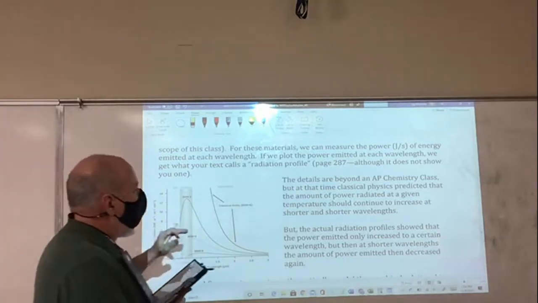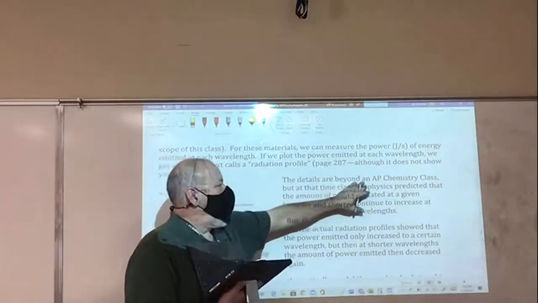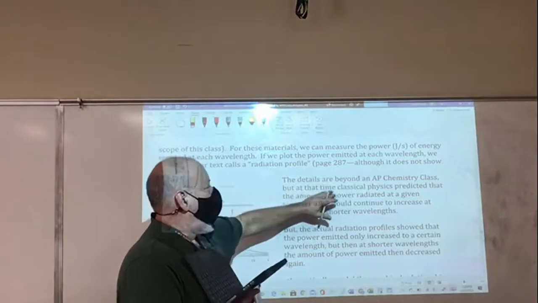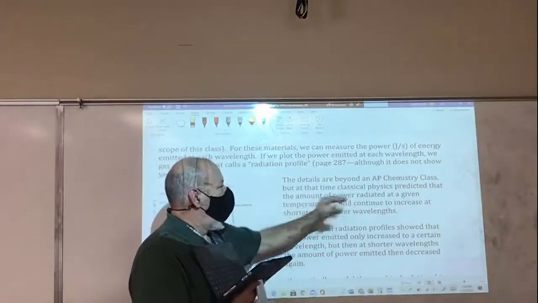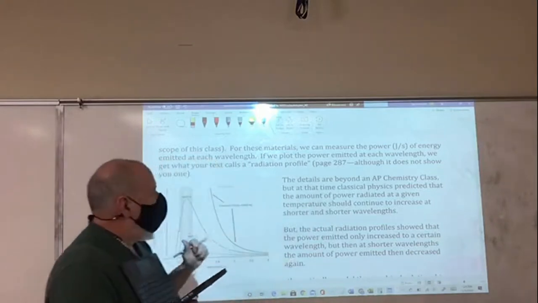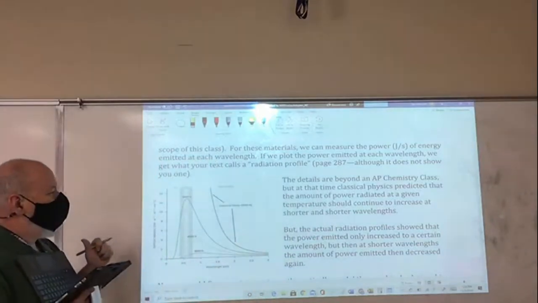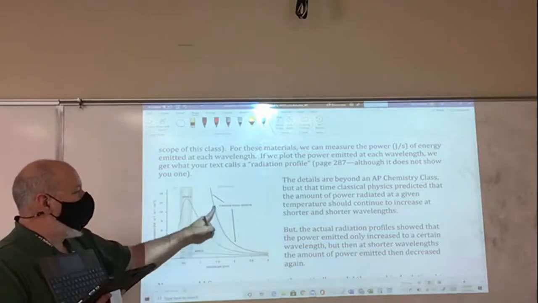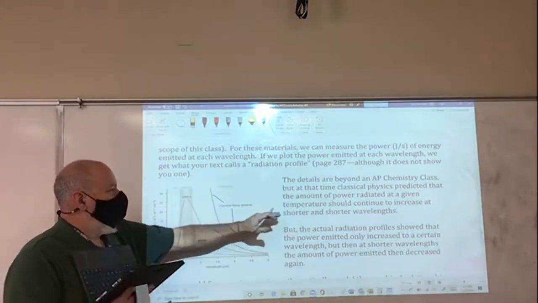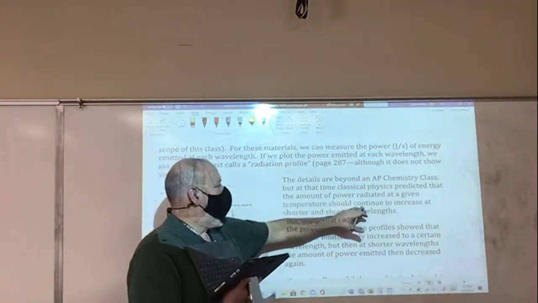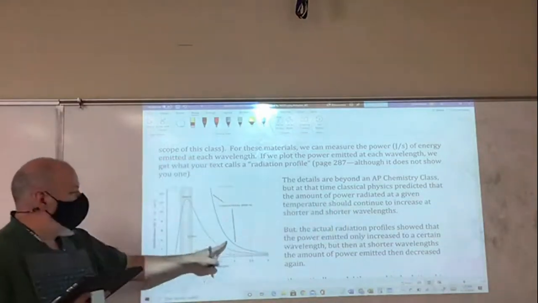Okay? Now, the details of this are beyond an AP chemistry class, but at that time, classical physics predicted that the amount of power radiated at a given temperature should increase at shorter and shorter wavelengths. Okay? The power should increase at shorter and shorter wavelengths.